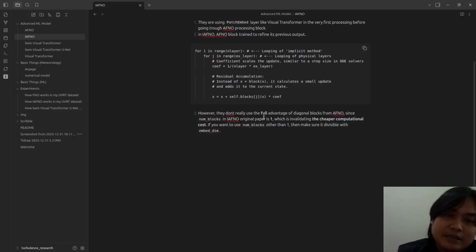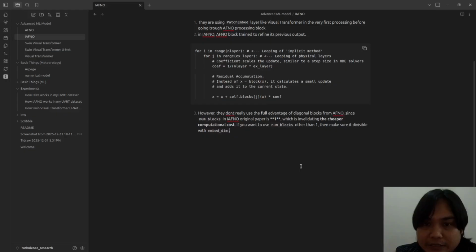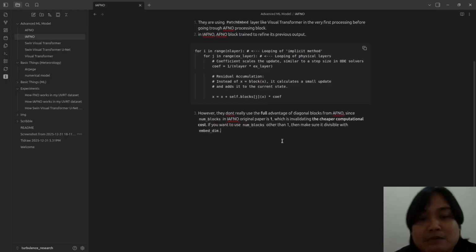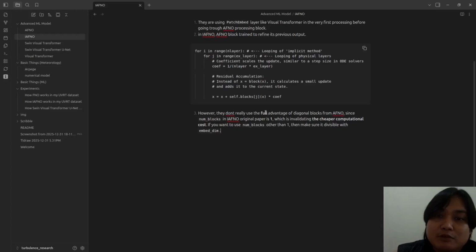And that's why the computation in the AFNO is reduced, right? But in IAFNO, in the original paper, they said that the best performing model uses the number of blocks as 1. And that's why I said that if the number of blocks is 1, then there's really no diagonal block. The full advantage of the diagonal block is really not used. There's no cheaper computational cost. So that's why this is one of the things that I want to test in my experiment in here.